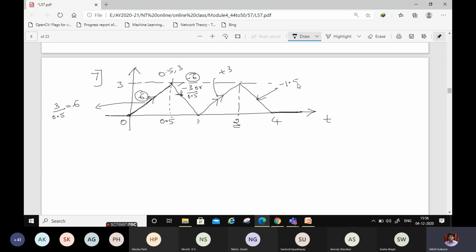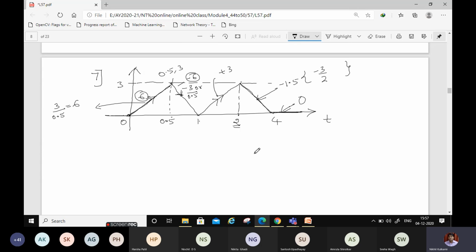This will be minus 1.5. Shall I write it directly or do you want the details? Here to here, this slope: 2 and 3 are x1, y1, and this is 4 and 0. So 0 minus 3 divided by 4 minus 2 gives you minus 3 by 2. And this is 0.